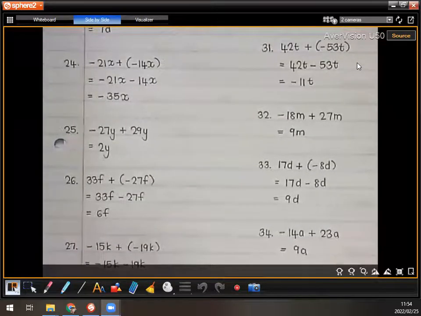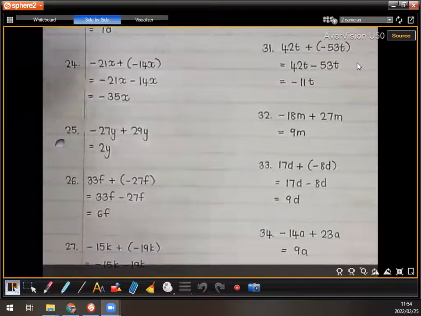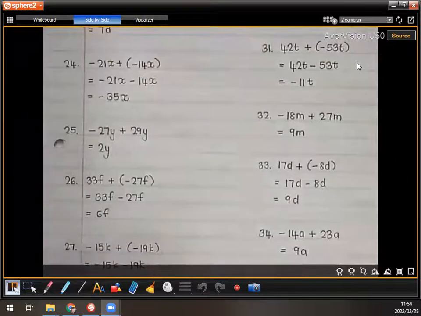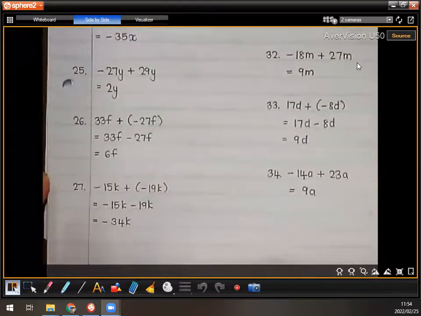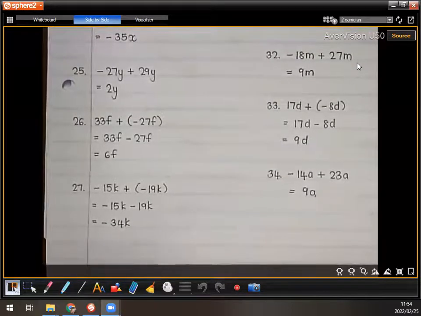Okay, any questions on 24? 31? Down. Here you can see 27, and then the rest is on the next page.